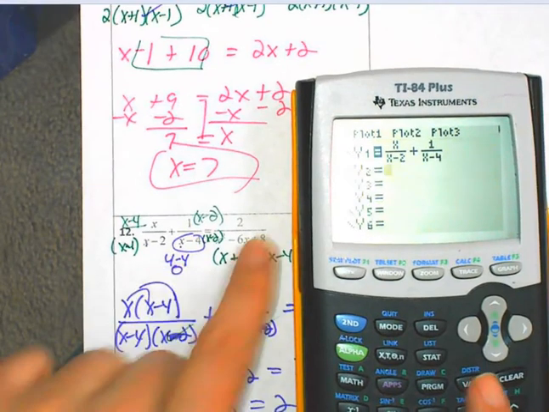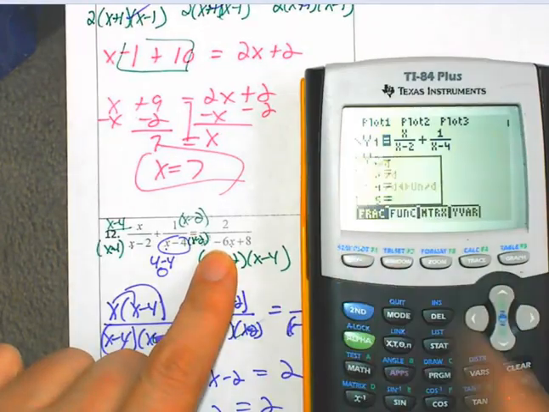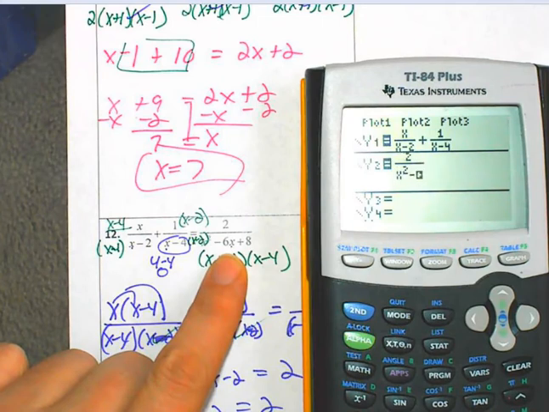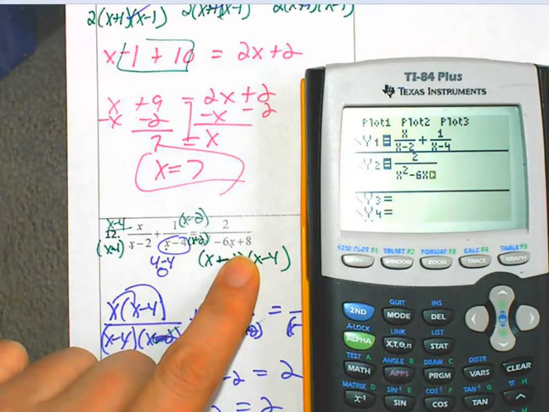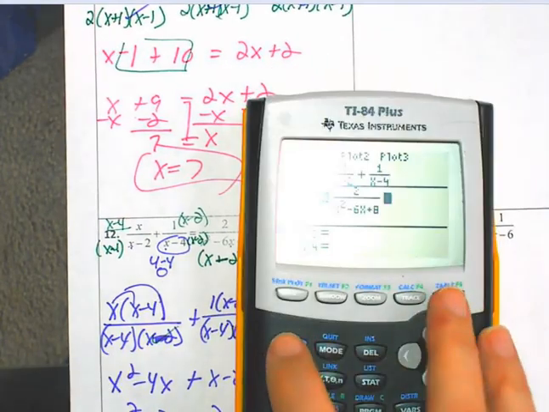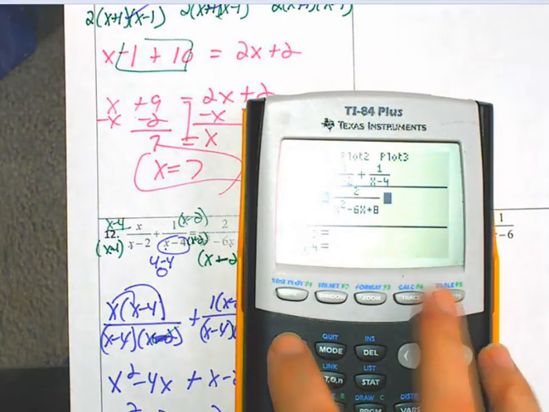And then the other side of the equation, I'm going to put in 2 over x squared minus 6x plus 8. Okay, so we've got all that in there. And then we can go into our graph.